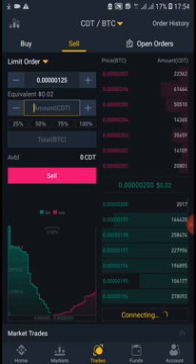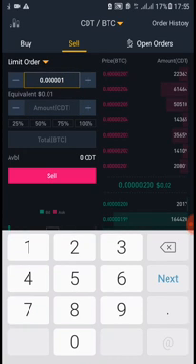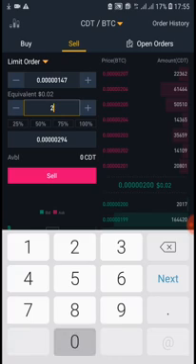What I'm going to do is set a sell at 147 for 20,000 coins. The first target should have the highest number, because the first target is more likely to be reached than the other targets.